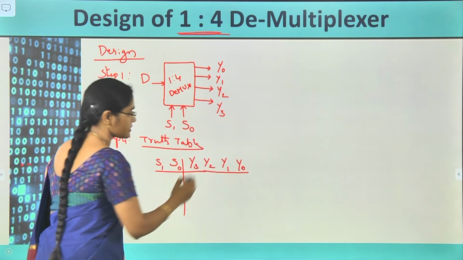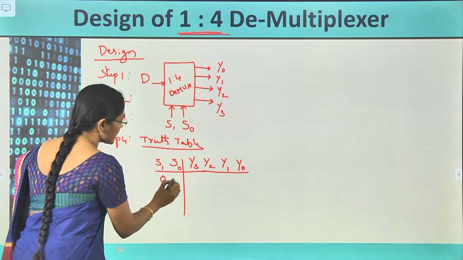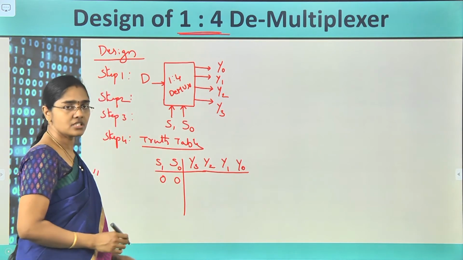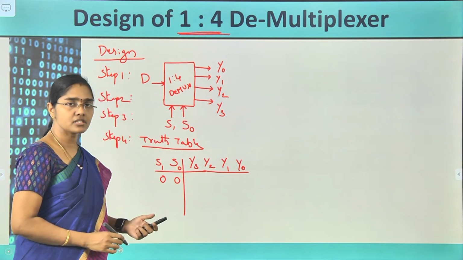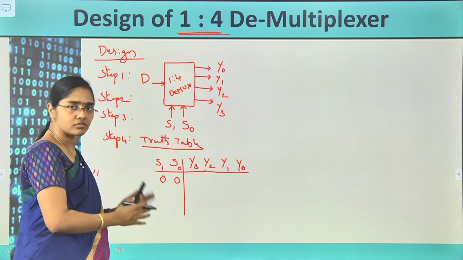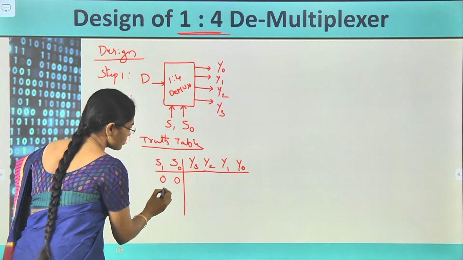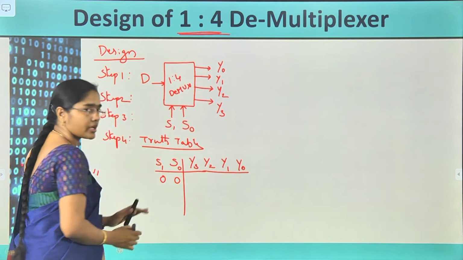Depending upon the selection signal values, since 2 selection signals are there, 4 different combinations are possible in the truth table, that is 0 0, 0 1, 1 0 and 1 1.